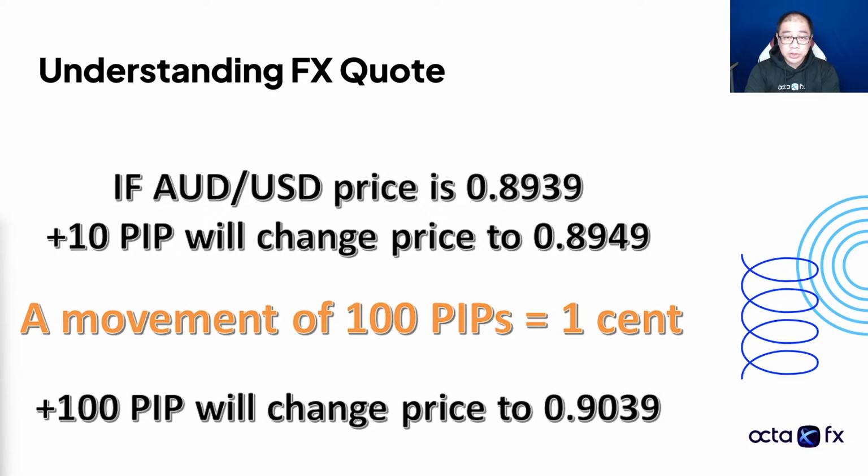So if you watch the news at night and the newscasters say the US dollar fell by 1 cent or 2 cents, then you know how many pips that is. 1 cent is 100 pips, 2 cents is 200 pips, and so forth. Okay. So if there's a change of plus 100 pips, then it will change the price to 90.39 from 89.39. That's basically 1 cent. Okay.